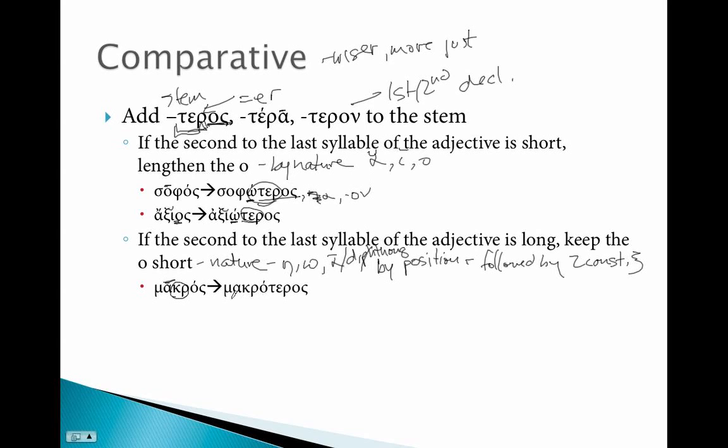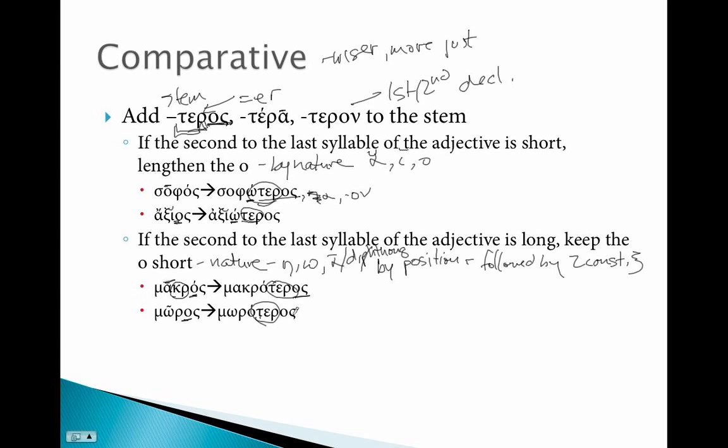So it's makroteros. This omicron is going to stay an omicron. We still have our ter suffix, and then we just add our endings, first and second declension endings. Or if we had moros, there's long by nature, it's an omega, so we're going to keep that omicron there, moroteros, more foolish. Still, we have that ter suffix.